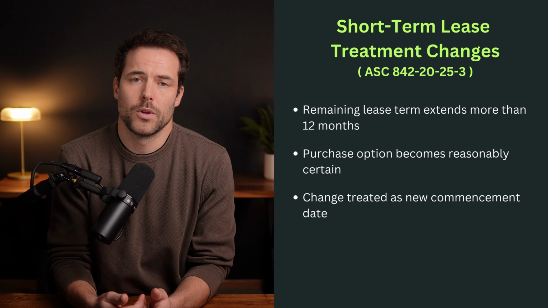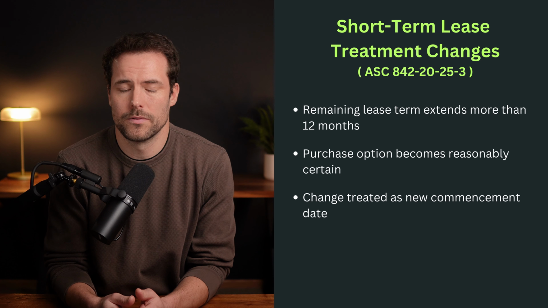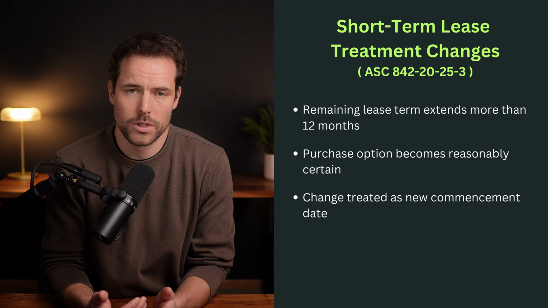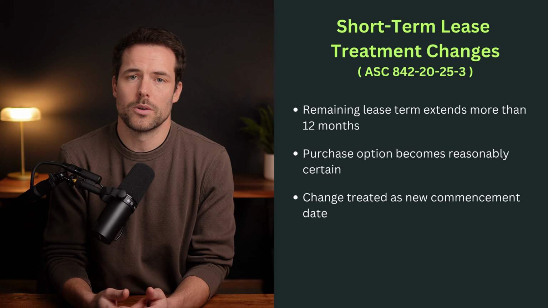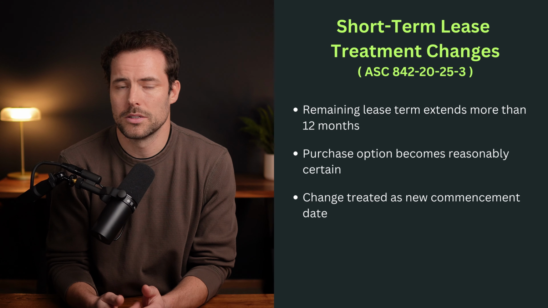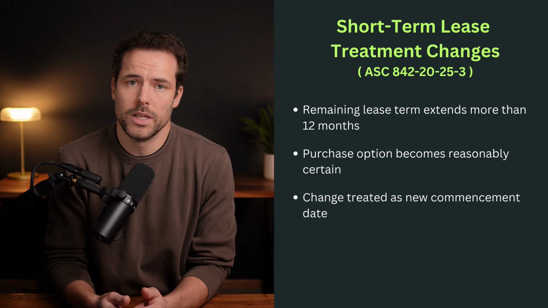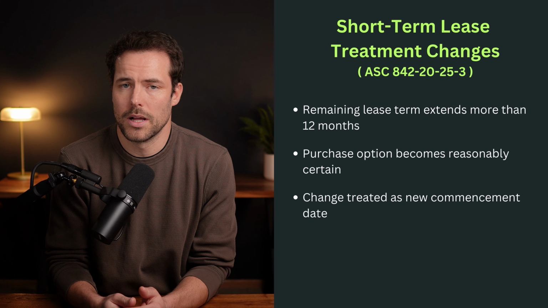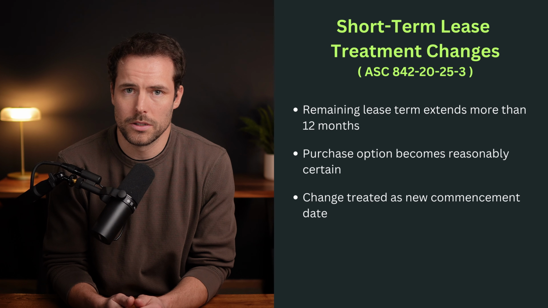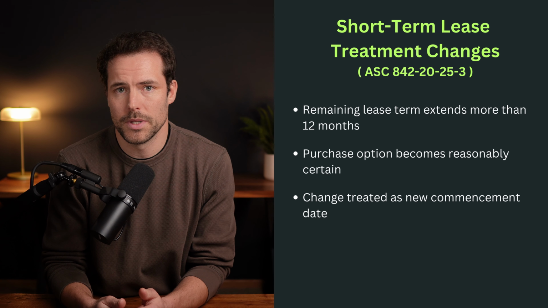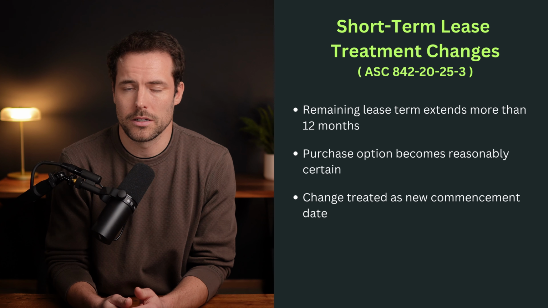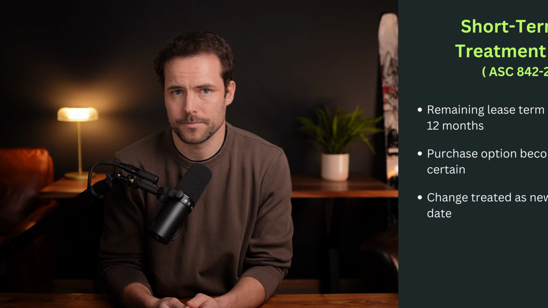However, if the renewal option had instead been for 13 months, that would no longer be true, because the remaining term would extend beyond the 12-month threshold, and we'd need to record this lease and apply the full ASC 842 guidance, with a commencement date equal to the date the circumstances changed.